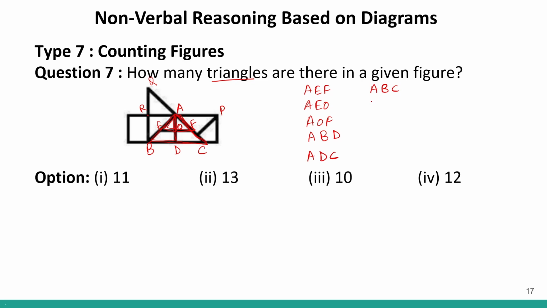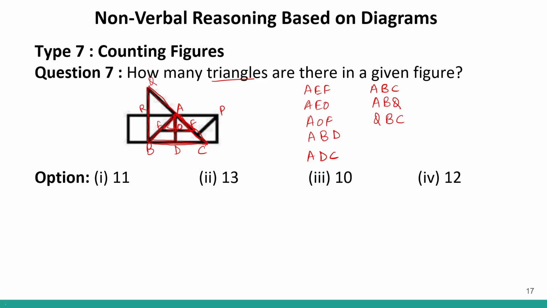Correct? Now over here I can say that ABQ is a triangle. Similarly, Q, B, C is a triangle. Okay.